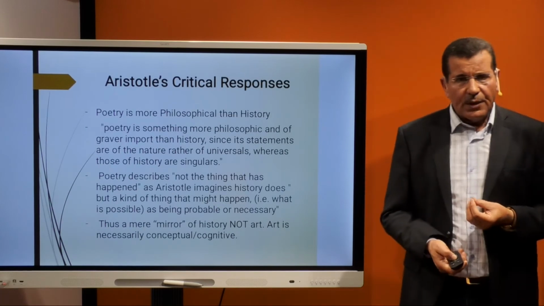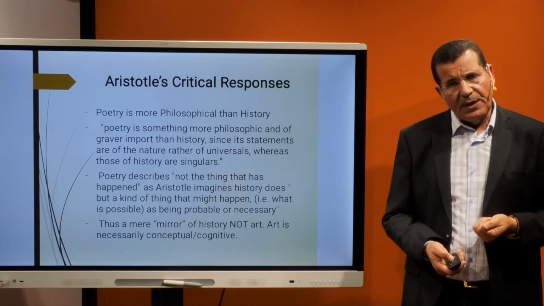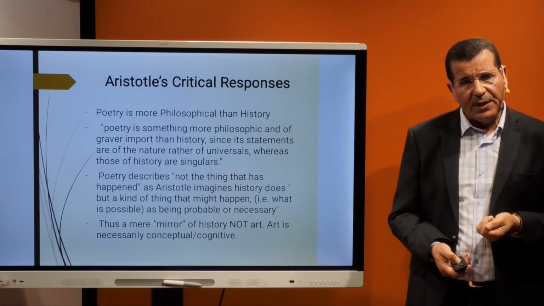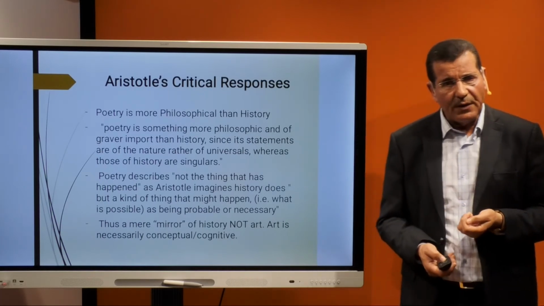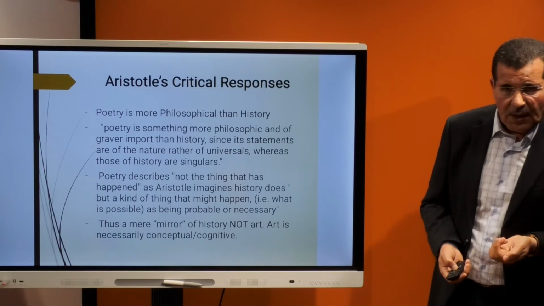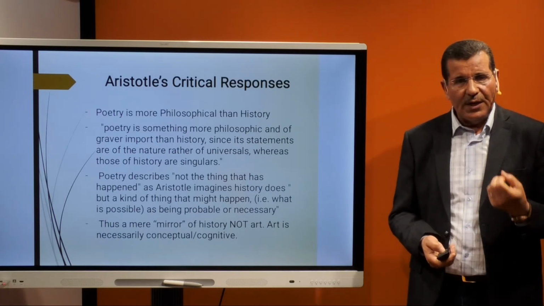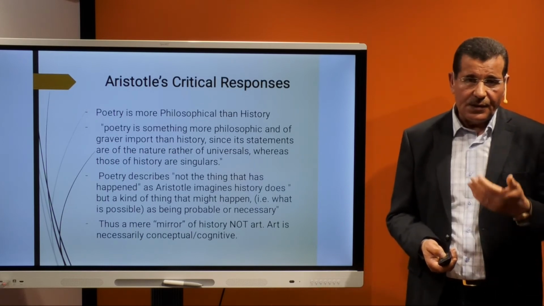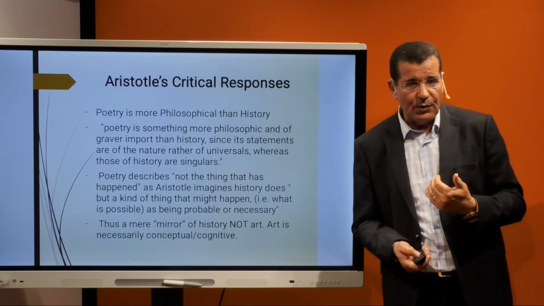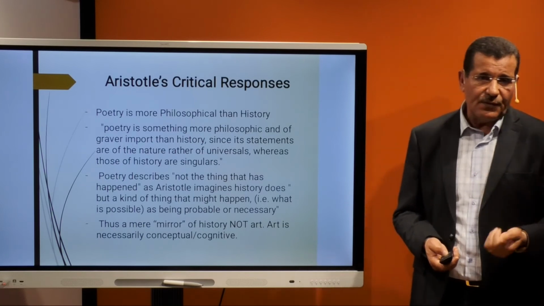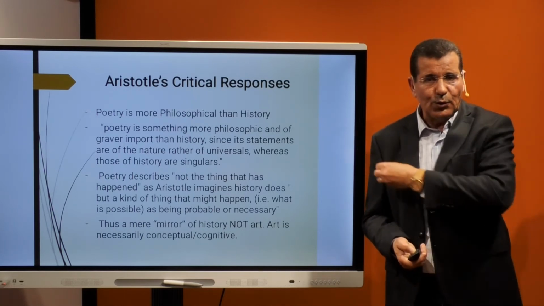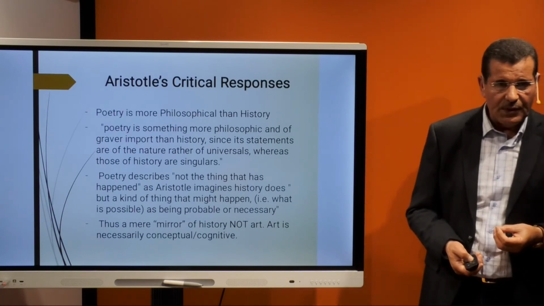According to Aristotle, poetry is more philosophical than history, as we said. We have a quote here: poetry is something more philosophical and of graver importance than history, since its statements are of the nature rather of universals, whereas those of history are singulars, the particular versus the universal. The poet will start from the particularity of a historical event and move to the universality of the event.